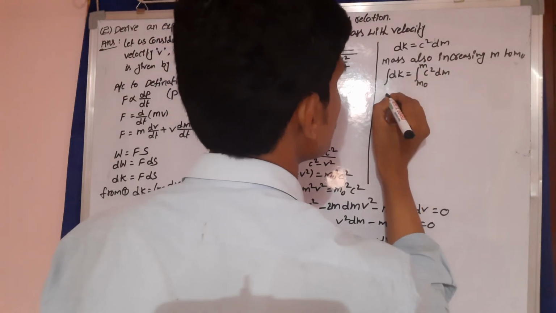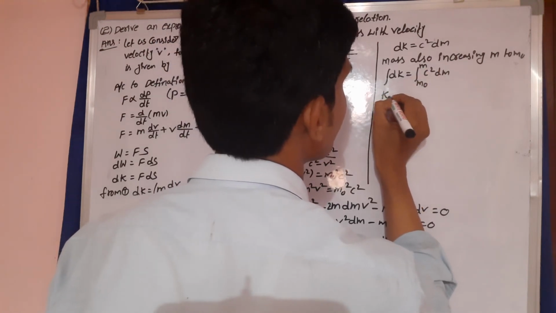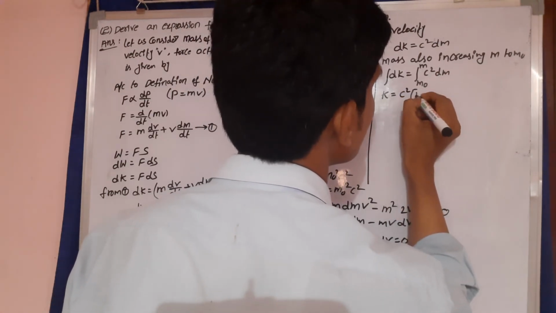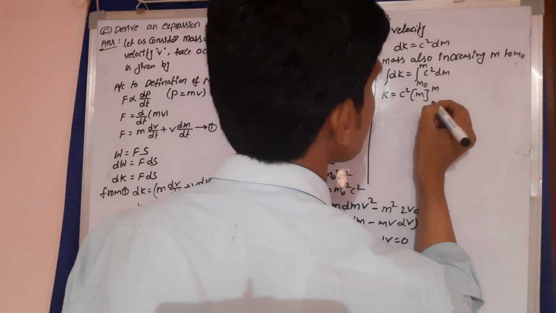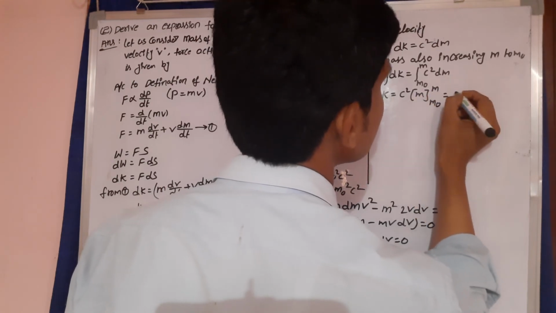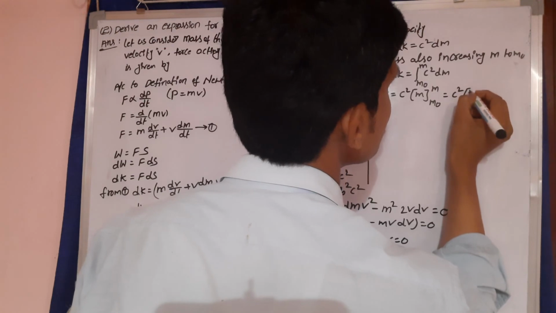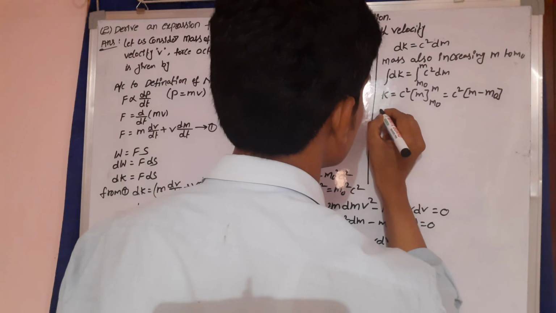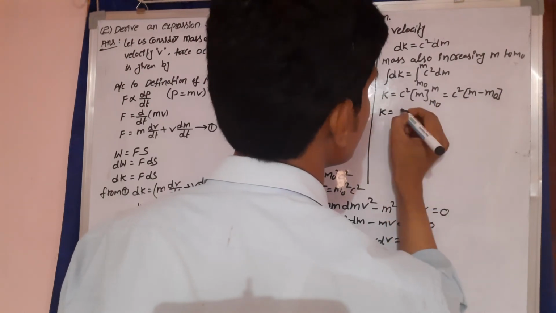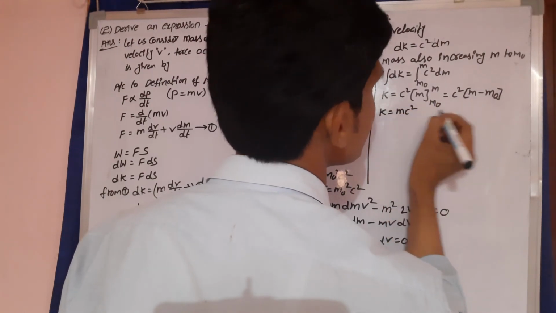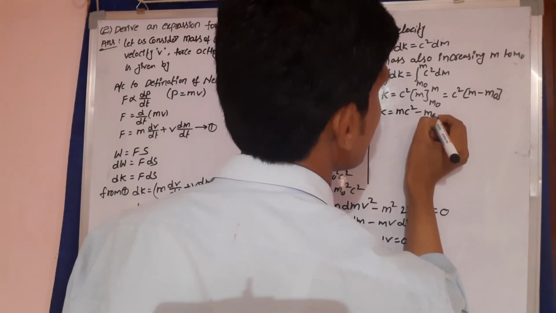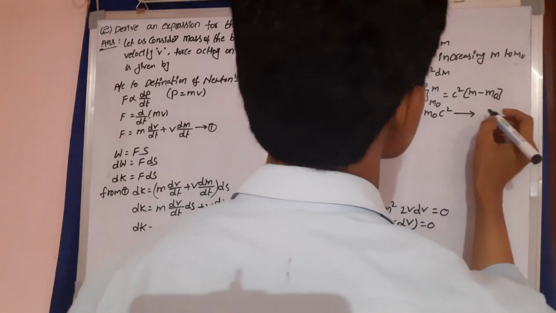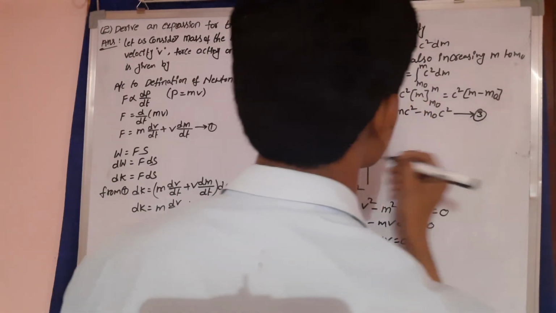So K equals c square into m minus m naught. So K equals mc square minus m naught c square. This is equation number 3.